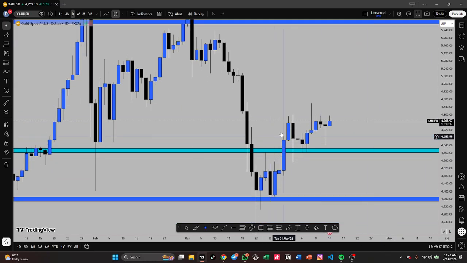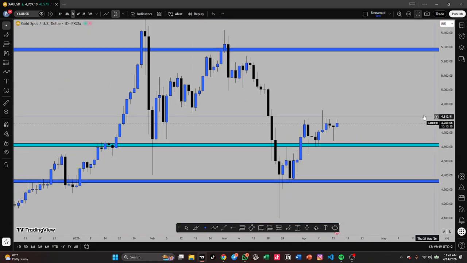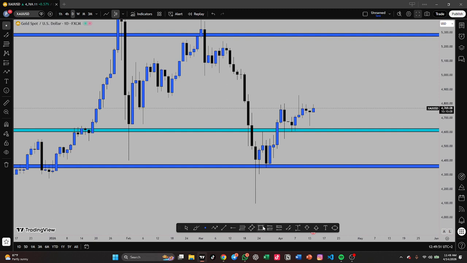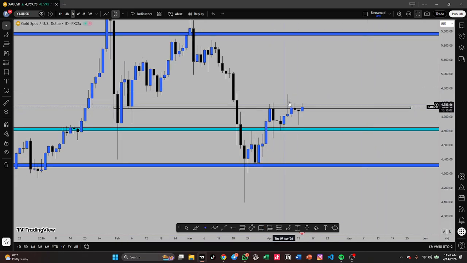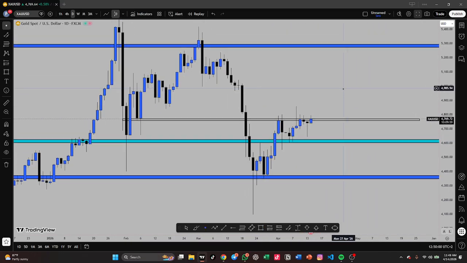So we have this simple break and retest here. Then there is another minor level that I can mark right here. So if price is able to just give us a break and retest, we can join the buy opportunity on gold. You can see impulse, retracement.